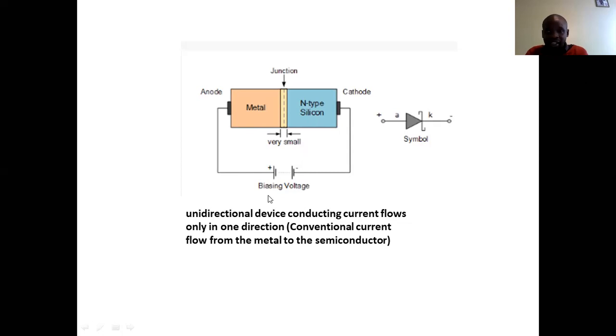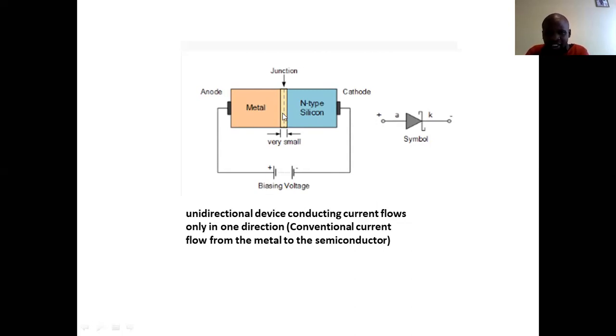Basically, it is a unidirectional device which conducts current only in one direction, from the metal to the semiconductor. When it is in forward bias mode, the metal is connected to the positive terminal and the N-type is connected to the negative terminal, so that electrons can flow in this direction, from the metal to the N-type semiconductor.